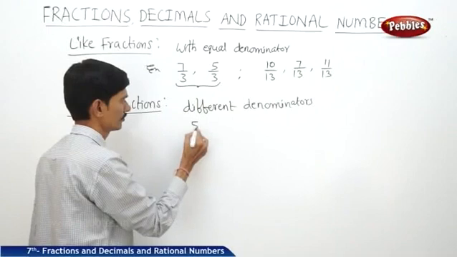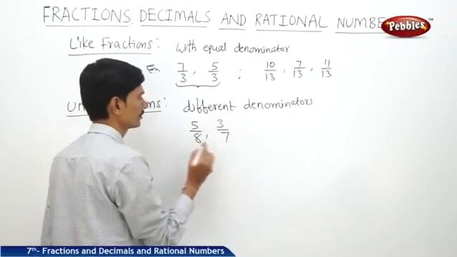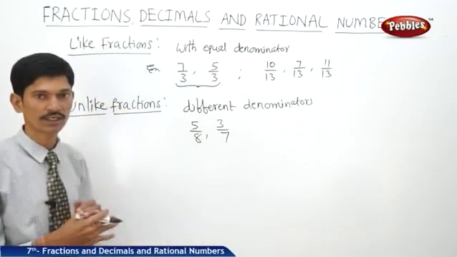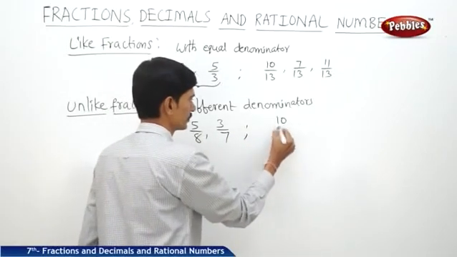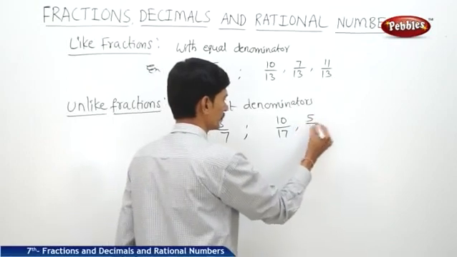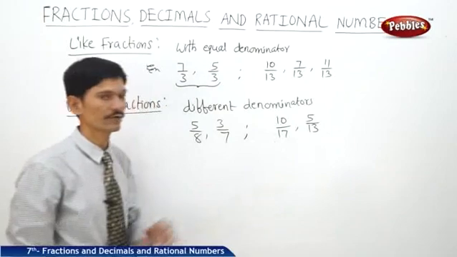For example, 5 by 8, 3 by 7. So these fractions have different denominators. So these are said to be unlike fractions. And if you take another example, 10 by 17, 5 by 13. So these fractions are also said to be unlike fractions.